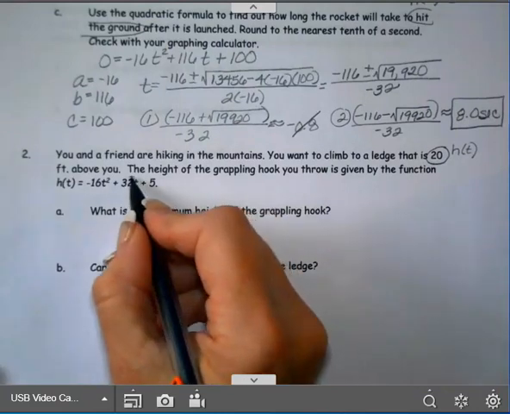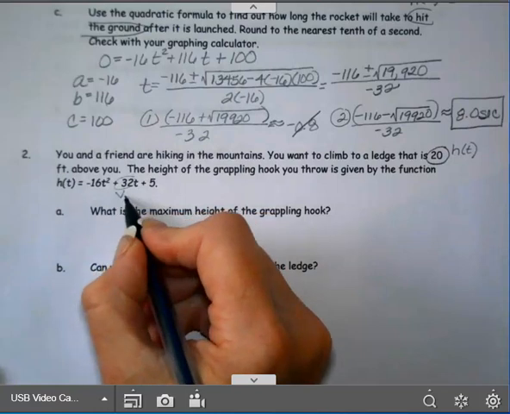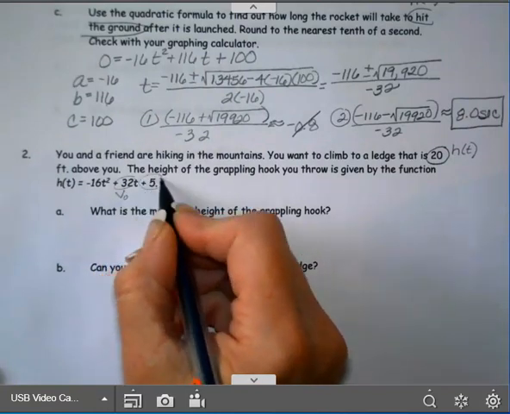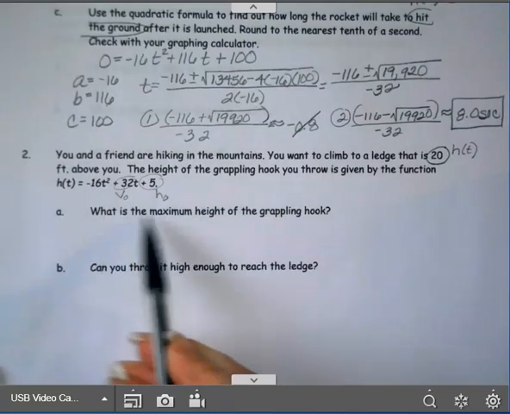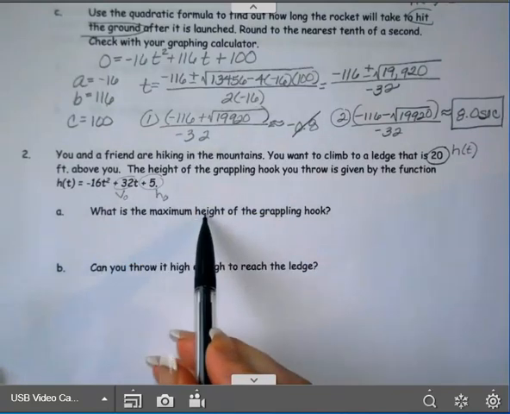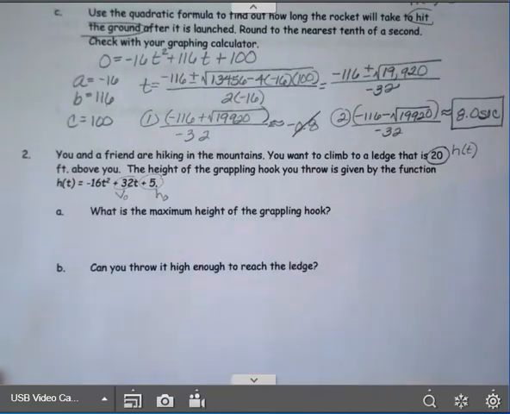This would be our initial velocity here. And this is our initial height. What is the maximum height of the grappling hook? So how far can you throw this up above you?